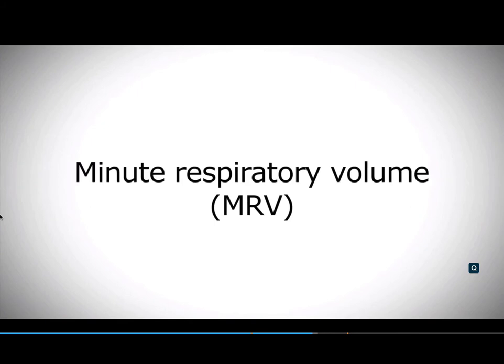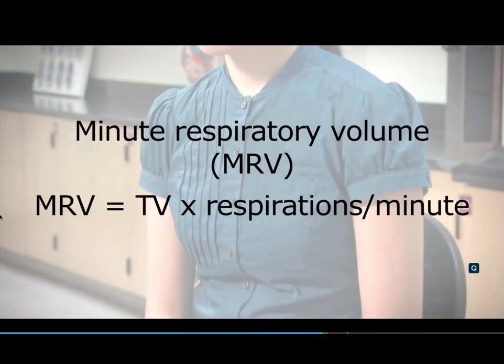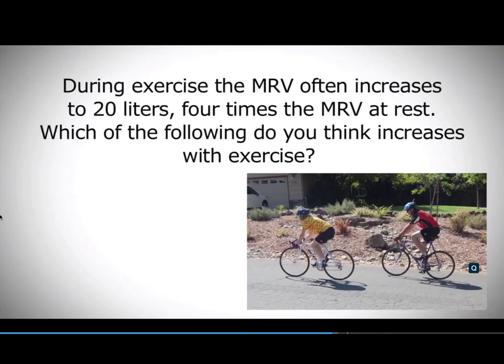The minute respiratory volume, or MRV, is the amount of air exchanged with the environment in 1 minute, which equals the tidal volume multiplied by the number of respirations or breaths per minute. Let's check your understanding. During exercise, the MRV often increases to 20 liters, 4 times the MRV at rest.